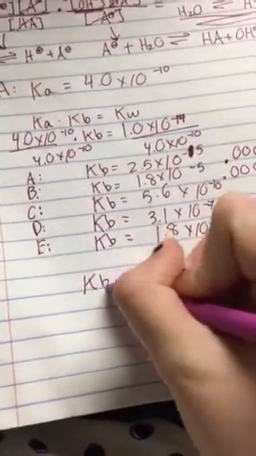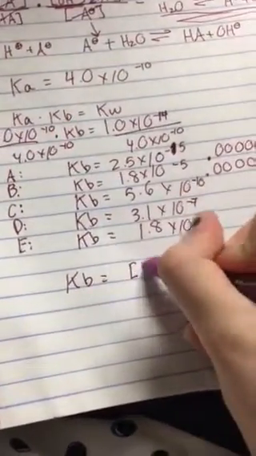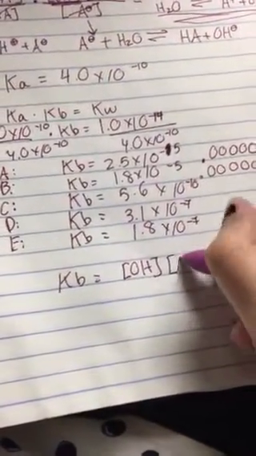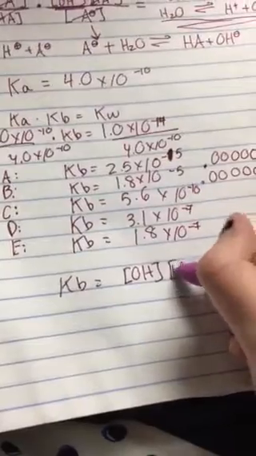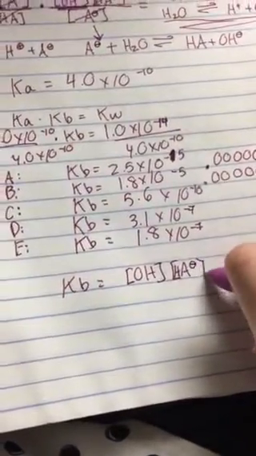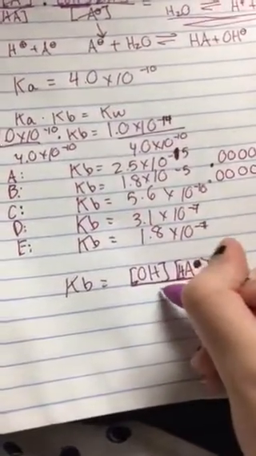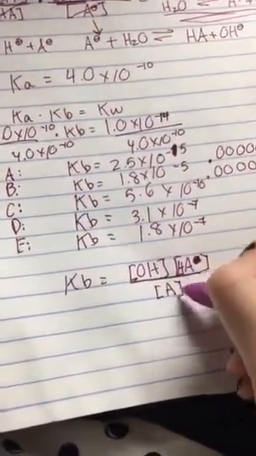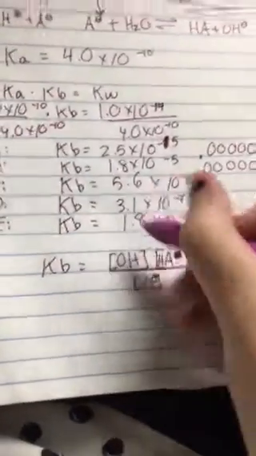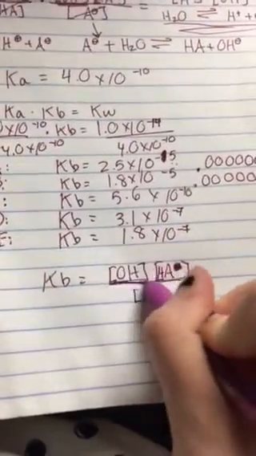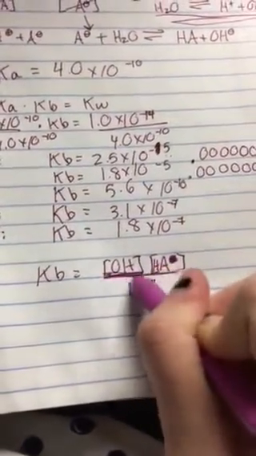Okay, so if you know that Kb is equal to the concentration of OH and the concentration of the conjugate acid over the base, then you know that this value is proportional to the amount of OH in the solution.